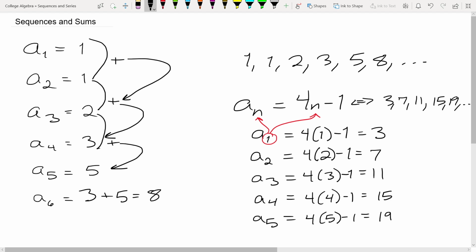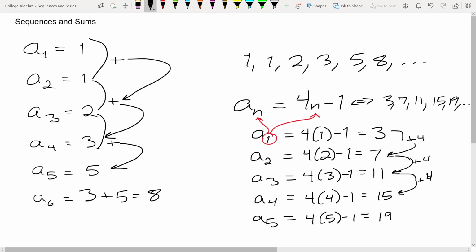Now what's the pattern? The pattern is that we start at 3 and then we add 4. We start and add 4. We go from here, add 4 to the next one. And that's the pattern there. So in this case, we start with 3 and we just take every 4th number from that point.